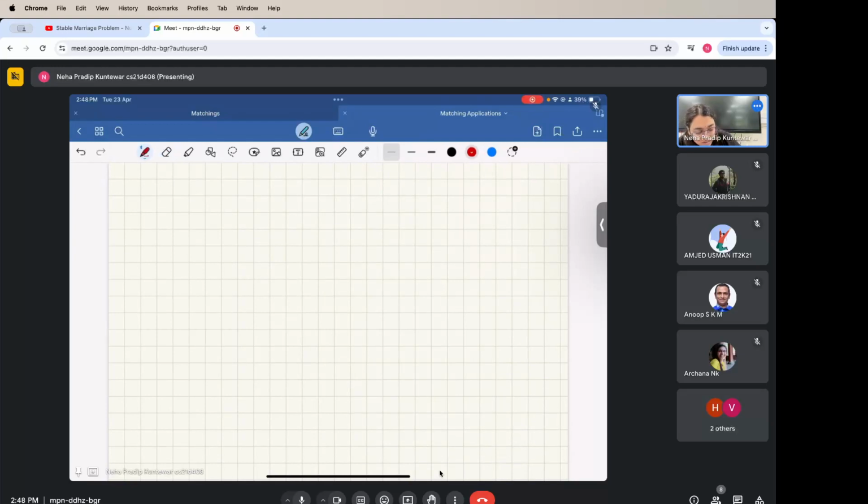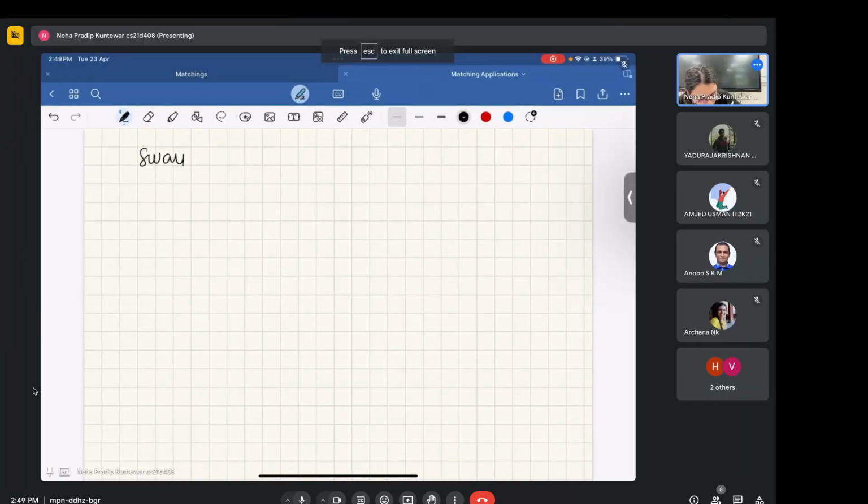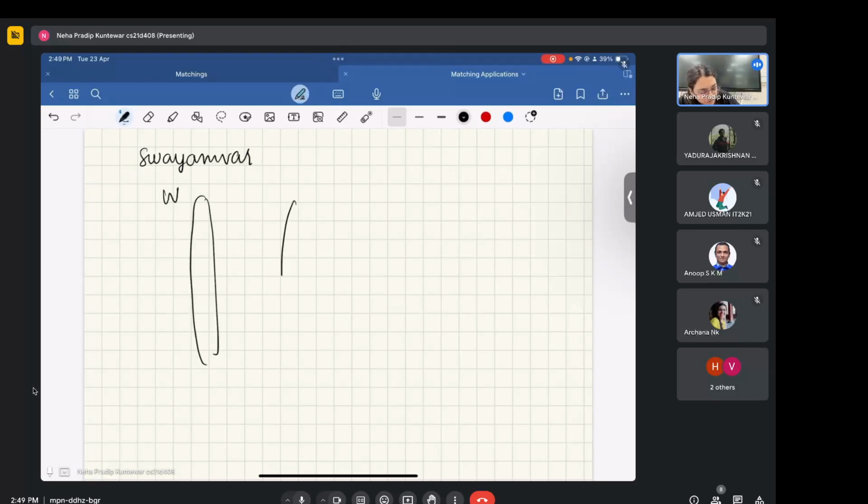So this is typically inspired by the old tradition of Swayamvar. So basically, you have a list of women here, and you have a list of men here. And each of them have some preferences.